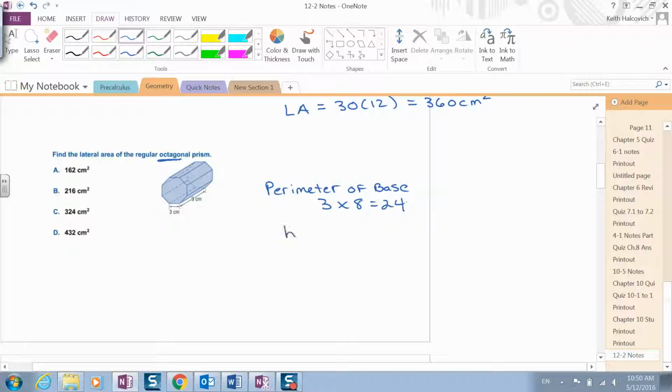And then the height, which goes from one base to the next, is 9 centimeters. So the lateral area is 24 times 9, which is 216 square centimeters, which is B.